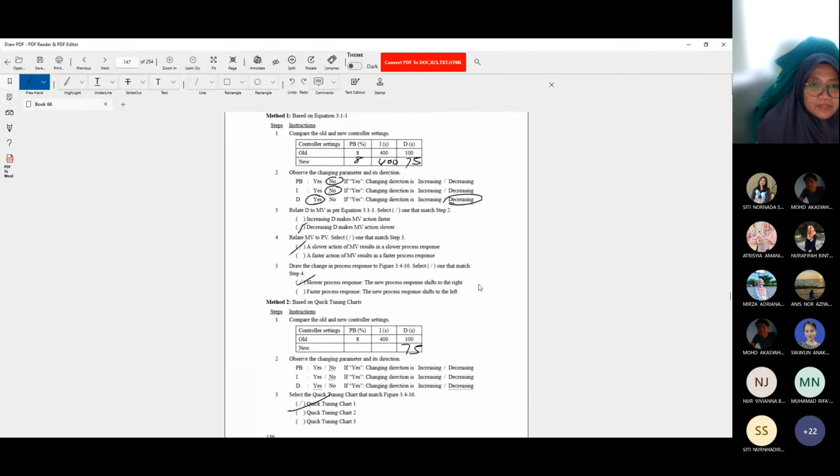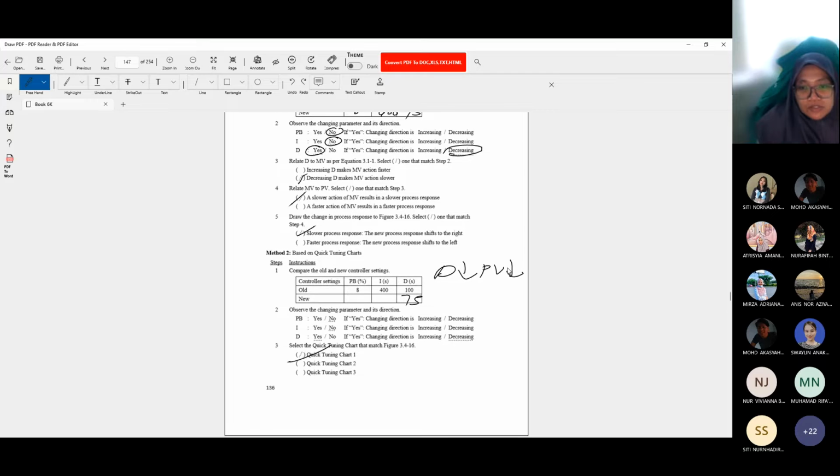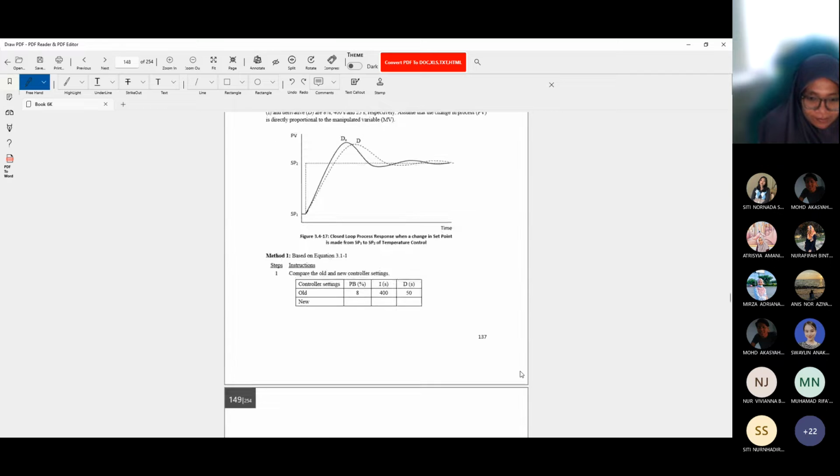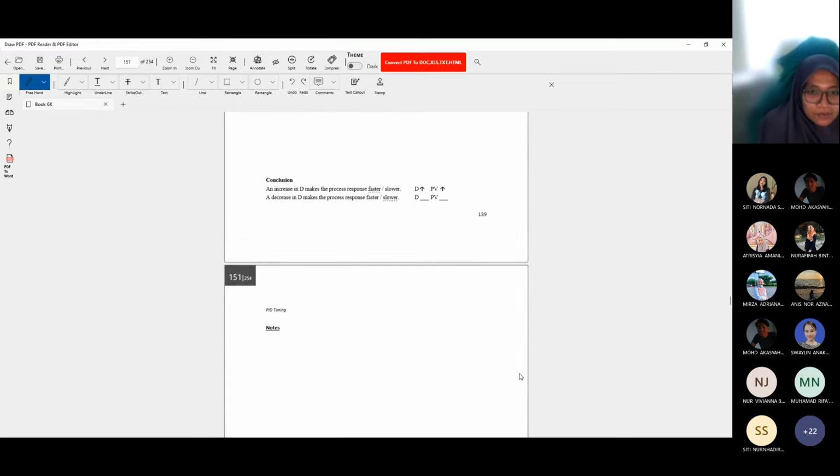Sebab sekarang ni, your case is decreasing kan? D decrease. So, the PV tu would decrease juga. Bila decrease maksudnya slower process response. And then it will shift to the right lah. Boleh faham? Boleh. Okay, can we conclude?